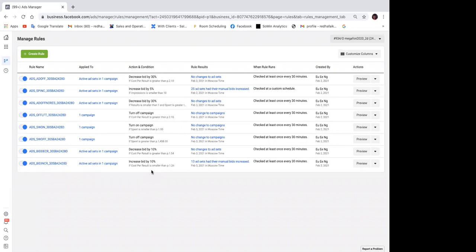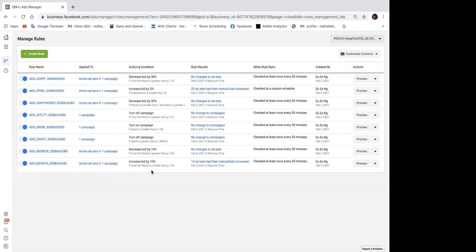Correct. The answer I expect to hear from you guys is, because we set up the rules, and out of those 8 rules, 2 rules were increasing the bid. One was increasing the bid by 5% because many of the ad sets have not been reaching 10 impressions on that day, and that's why the rule was trying to speed it up.